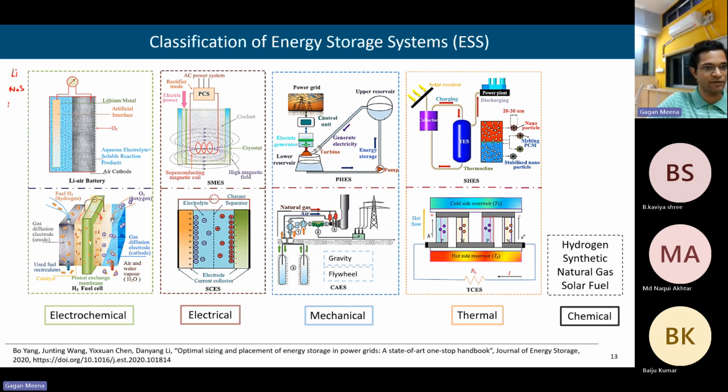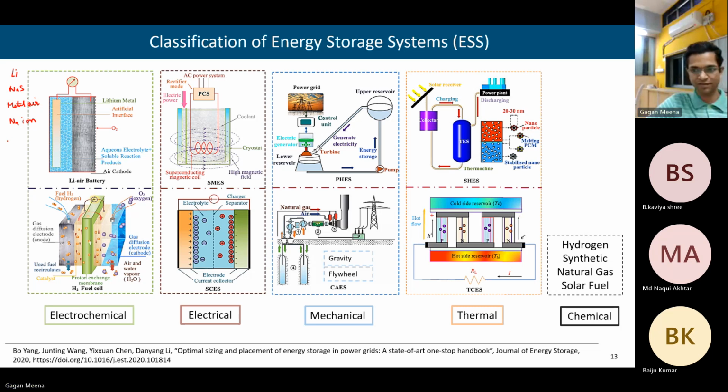Then we have metal air. There is also the sodium ion battery, just as we have lithium ion. Metal air, zinc air batteries, and iron air batteries can also provide grid scale services.